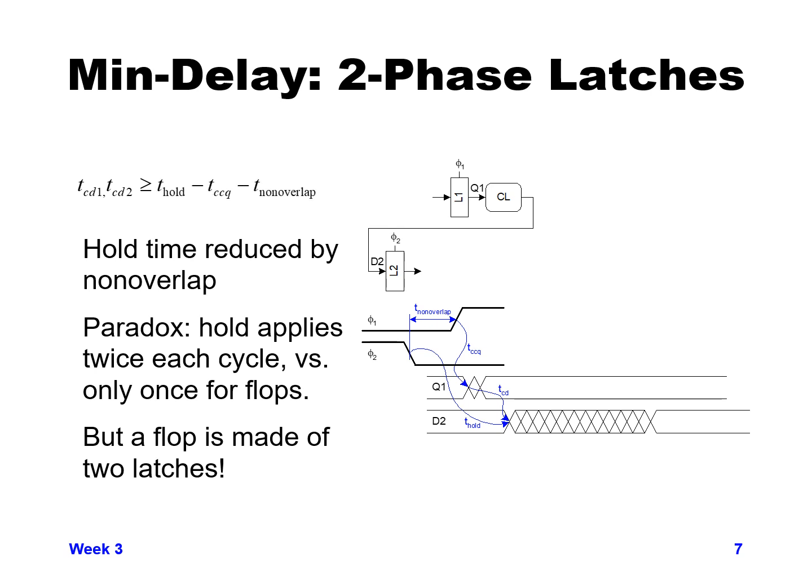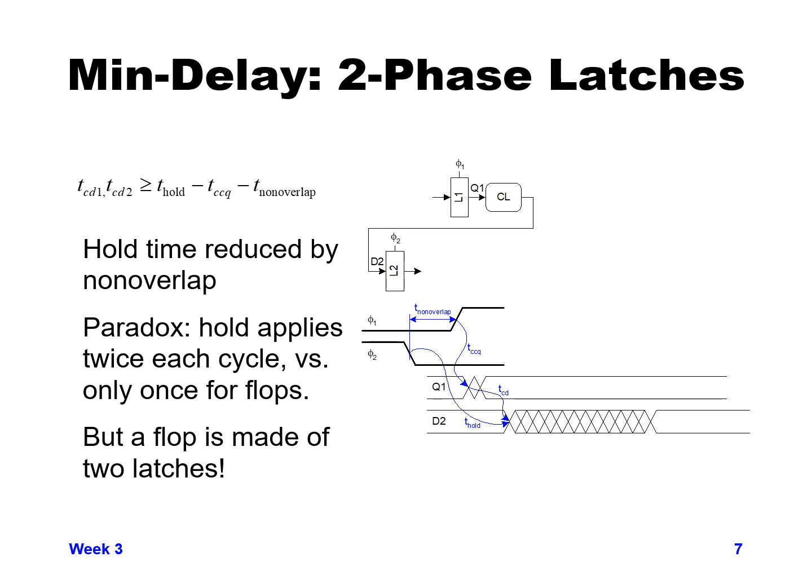So in this case, the time that we have available is t hold minus the contamination delay through the clock to Q minus the t non-overlap. So our hold time is actually reduced by the non-overlap time. So that helps us to actually successfully meet this min delay time for two-phase latches.